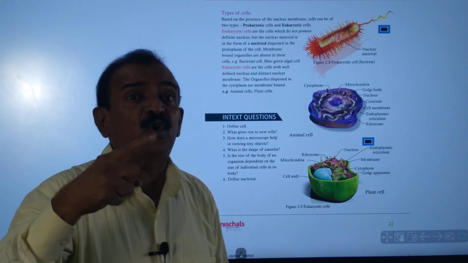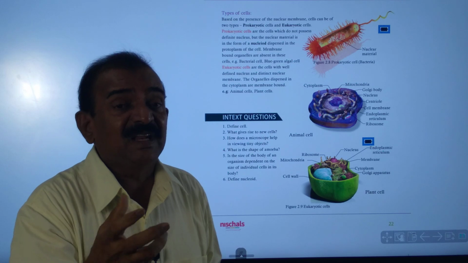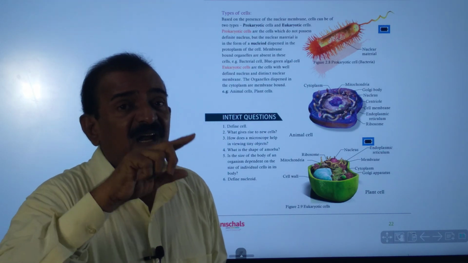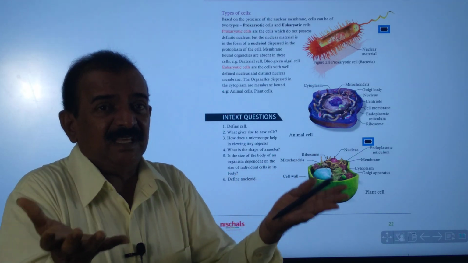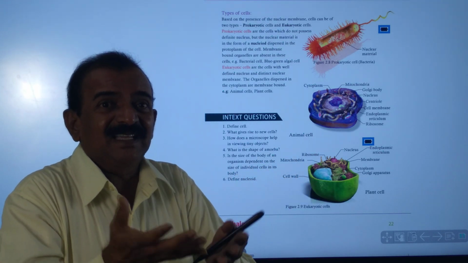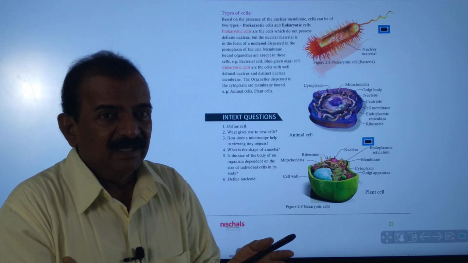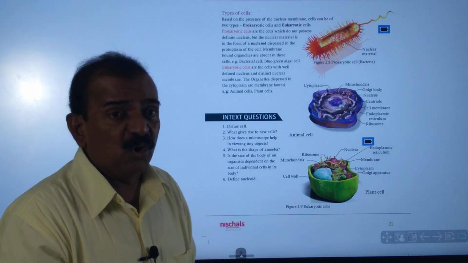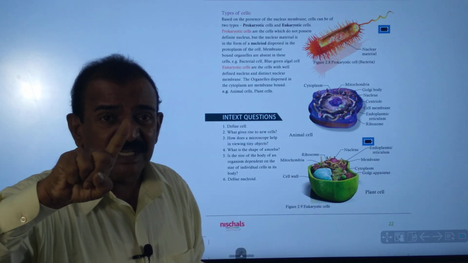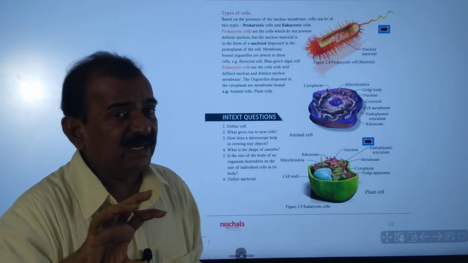They consist of protoplasm but not cytoplasm, and they have nuclear material, but it is not covered by a nuclear membrane. Nucleoplasm is floating in the protoplasm, and cell organelles are present, but they do not have a membrane. That is the structure we observe in prokaryotes: the nucleus is not surrounded by a nuclear membrane, and cell organelles are present, but they also do not have a membrane.